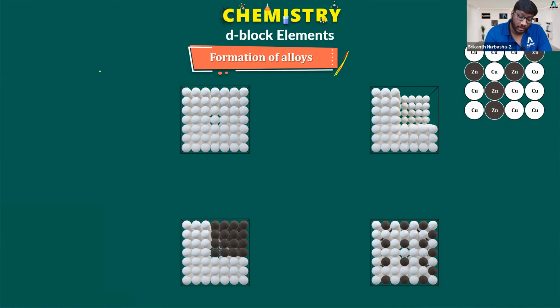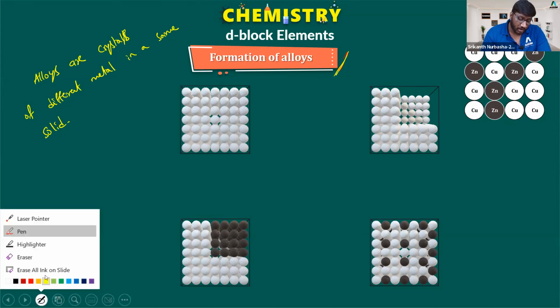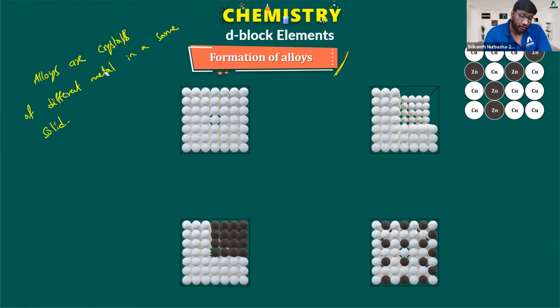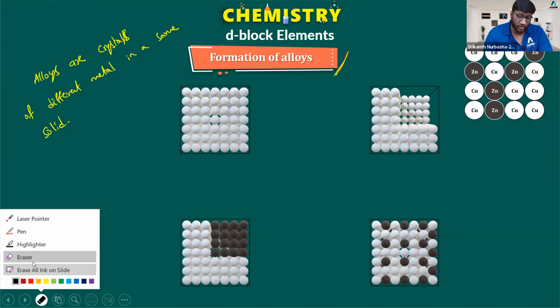Alloys are crystals of different metals in the same solid. Or alloys are compounds where different metals are there in the same solid.